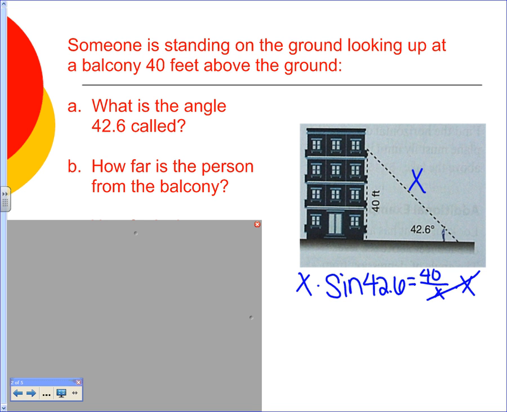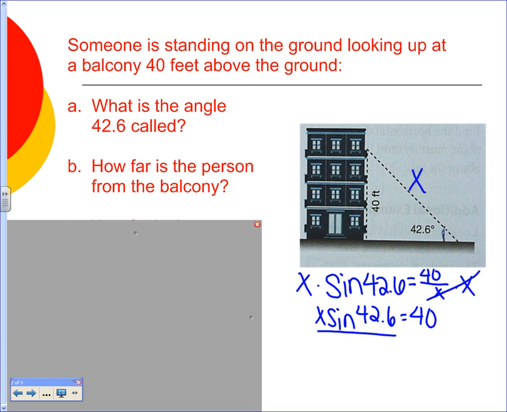But we're not there yet. No, it's from the picture. 40 over x. Okay. Does that make sense? So how do you solve for x?